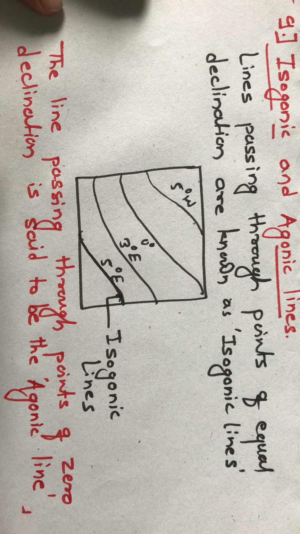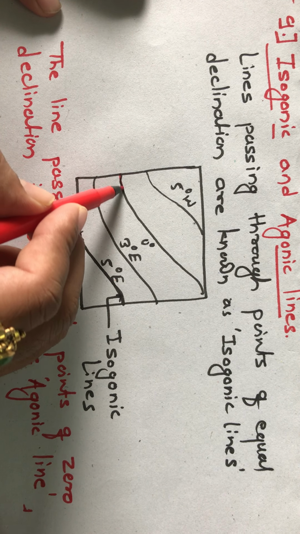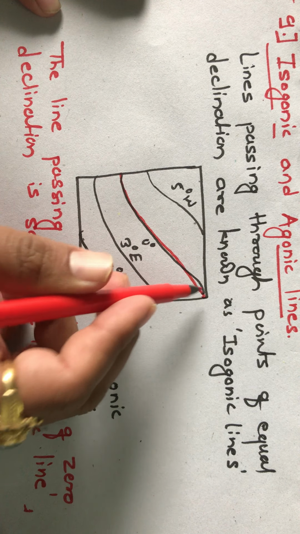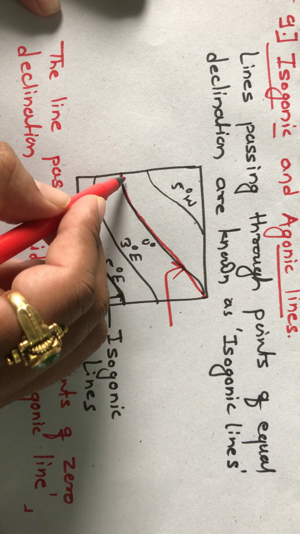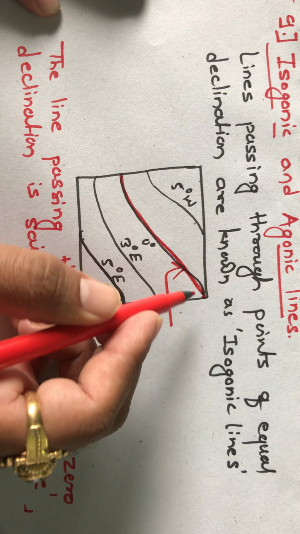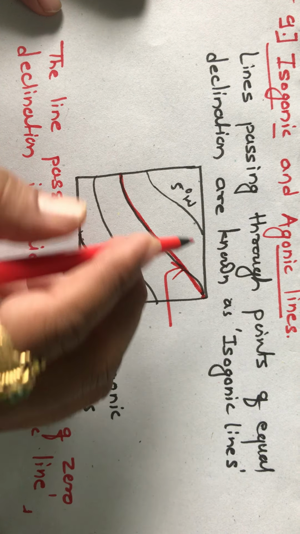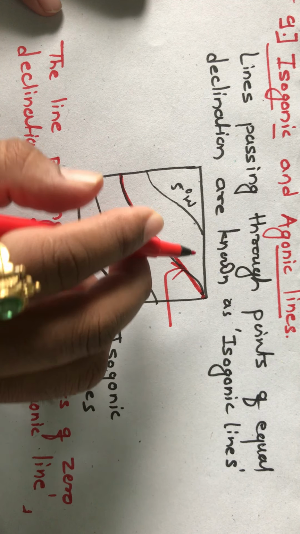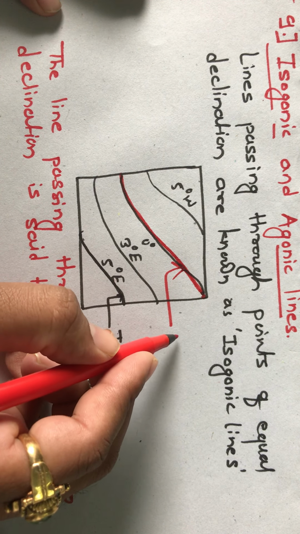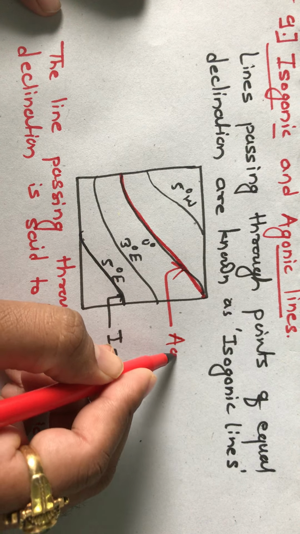You see, here we have 0 declination, this line joining points having 0 declination angle, that is, the true meridian and magnetic meridian are the same. We have 0 declination, that is what we call agonic lines.